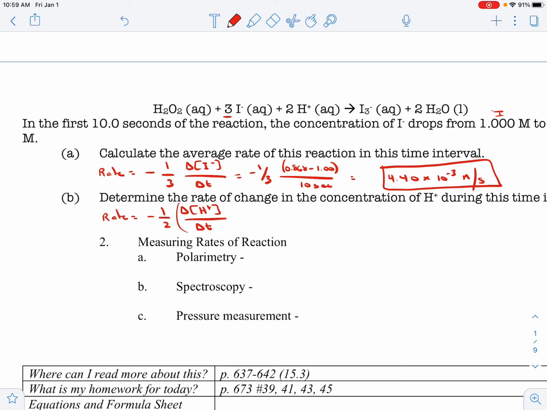So we're solving for this right here. And we already know our rate, which was here, so we'll just plug that in. So we have 4.40 times 10 to the negative third, and then let's look at it all together, 1/2, and then we have what we're looking for.